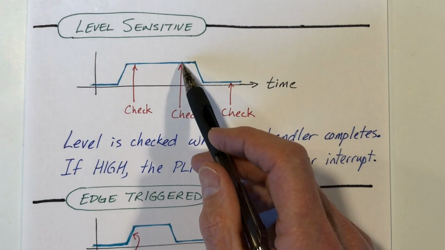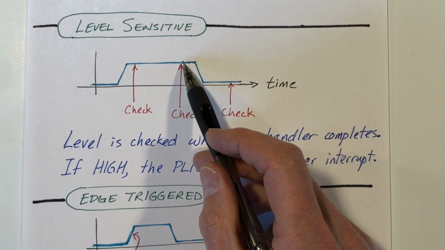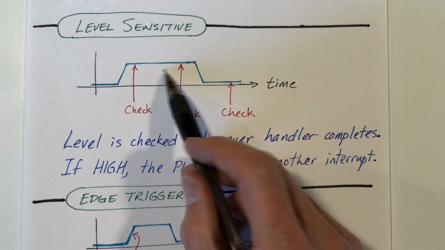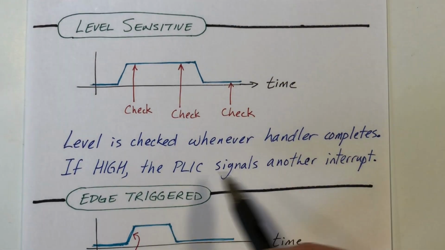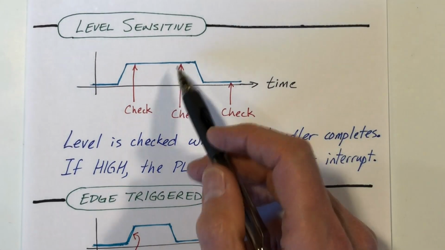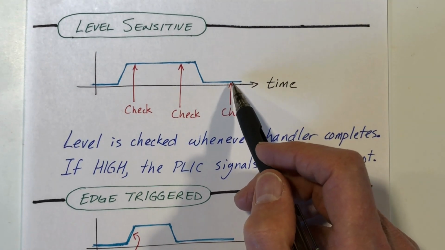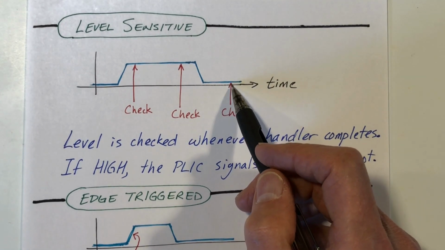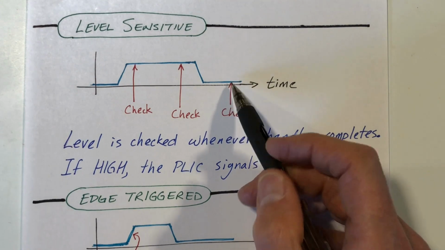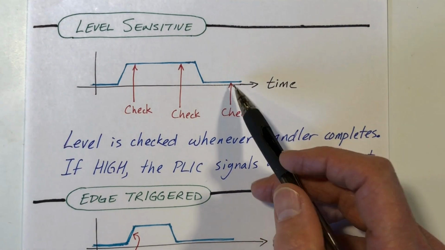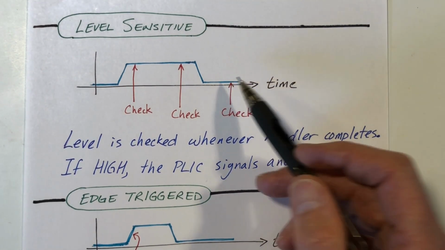And if it's still high, it doesn't matter what happened in the middle, but if it's high at that point, then the plic will signal another interrupt. And then the handler code will run and complete. And then once again, the plic will check. And in the third case, it finds out that it's low, so no interrupt is signaled at this time.